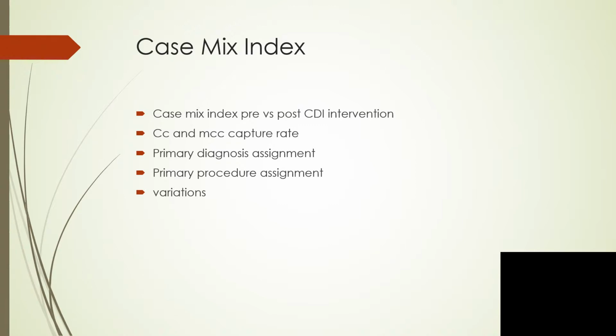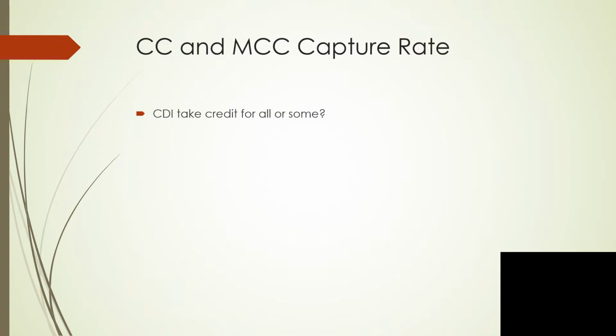You do want to look at the individual pieces of what we've discussed. And one of the things that the question comes up, if CDI is in a chart and they capture a CC or an MCC, and it moves that record, and then coding also captures not only that CC or MCC, but they find others.